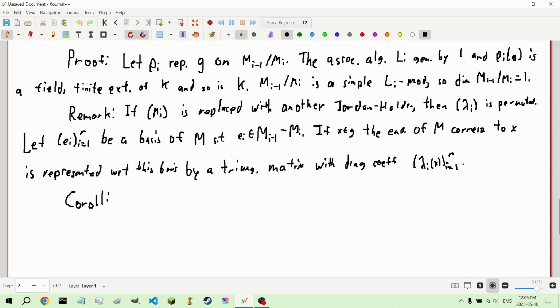Corollary. Sorry, I spaced out there for a minute. Suppose K is algebraically closed.